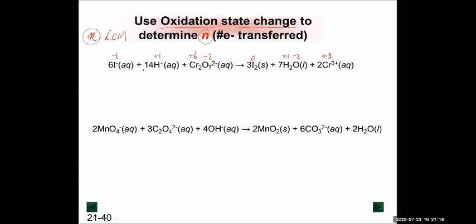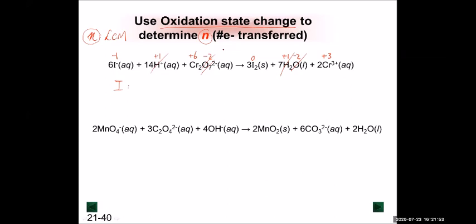The hydrogen, no change. We don't need to consider hydrogen. And same as oxygen. They are -2, so we don't consider oxygen. And now it is much easier to see the iodine. Iodine starts from -1, becomes 0 for each iodine.